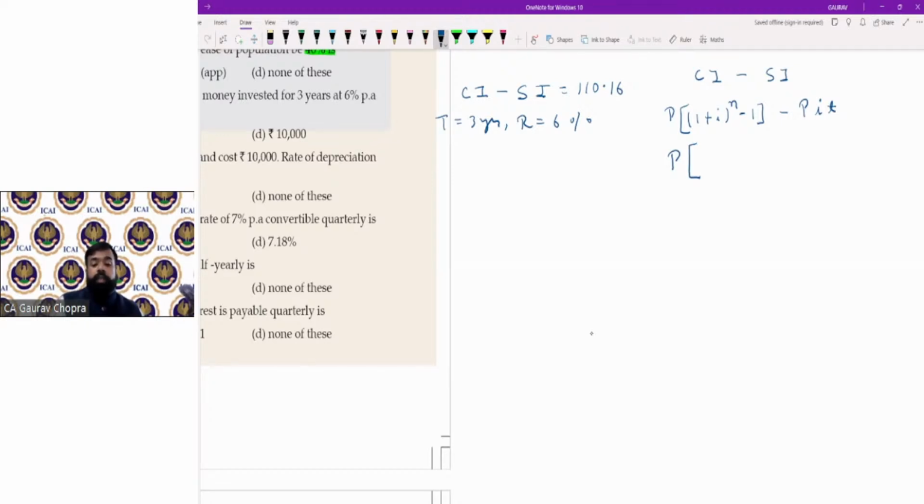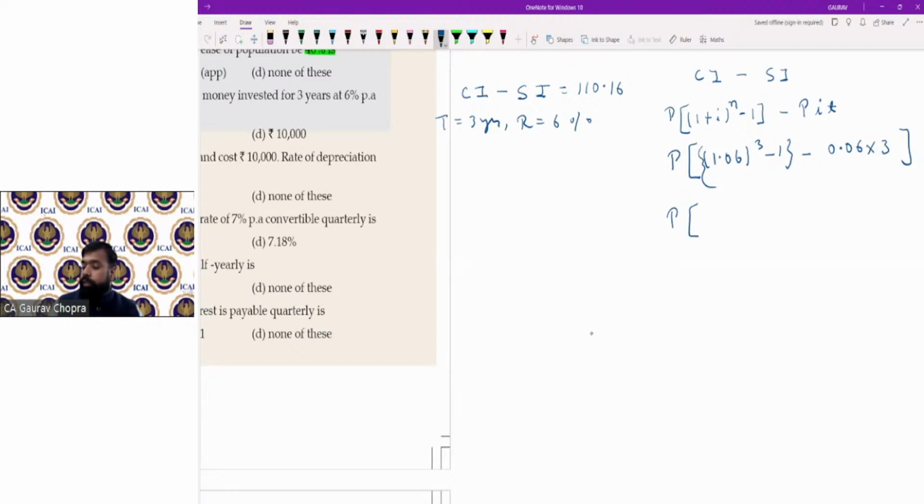Then what is left? 1 plus I. So 1.06 to the power of 3 minus 1. And then you have to subtract IT. I is 6% and time is 3 years. So what is left?